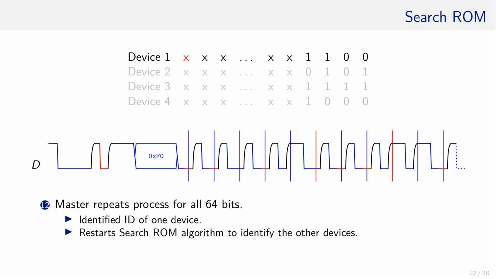But there are more, and there are 2 situations in which the master had to decide how to proceed. Hence, the master repeats the search ROM command, but decides differently if possible. For instance, here it decided to continue with 1s and device number 1. Now the master decides to continue with devices that have a 0 here, identifying device number 4.